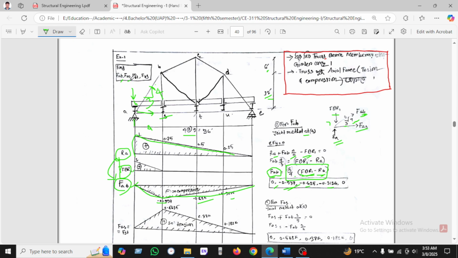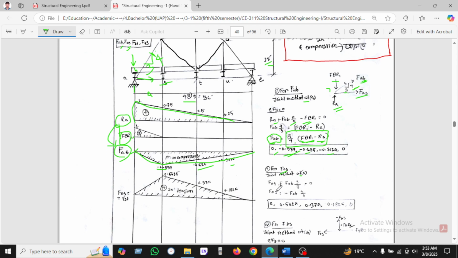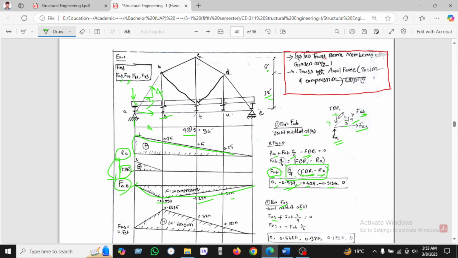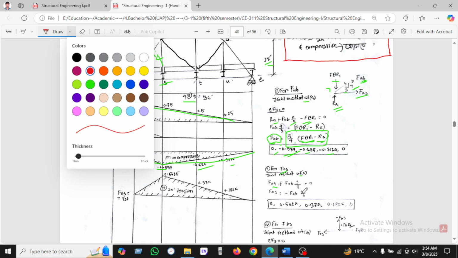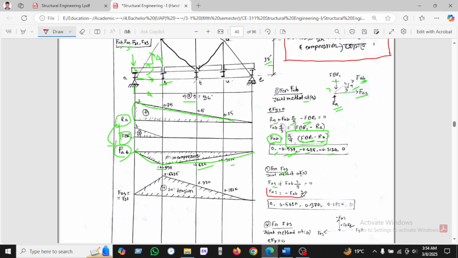Okay, the second one is FAS. This is the FAS joint method at A. We found FAS plus FAB into 3 by 5, taking the x-axis, and found this equation. I'm just rearranging the equation, FAS equals minus FAB into 0.36.